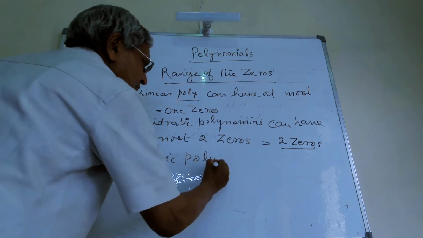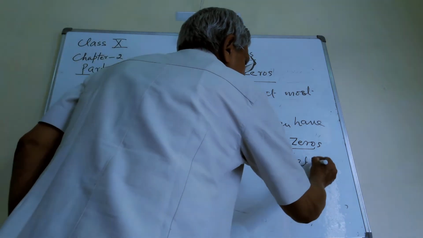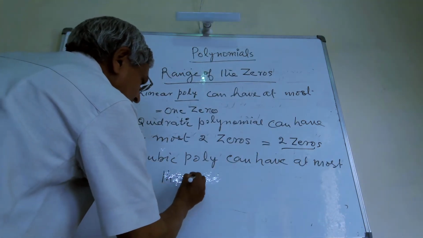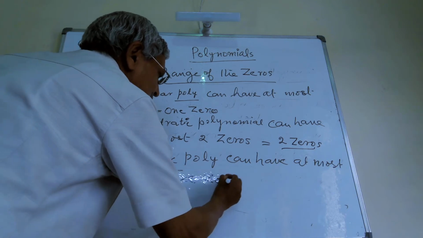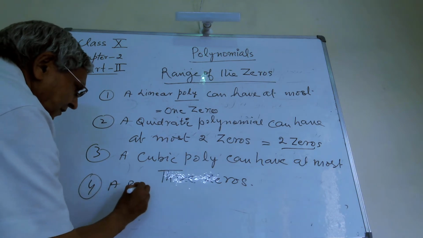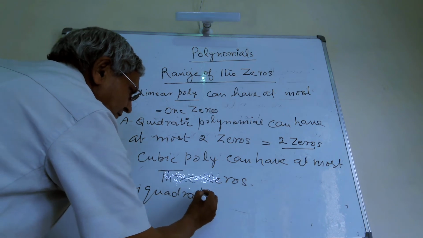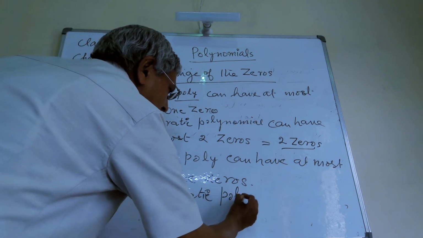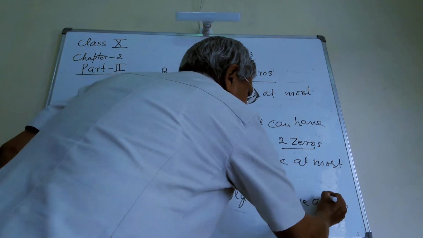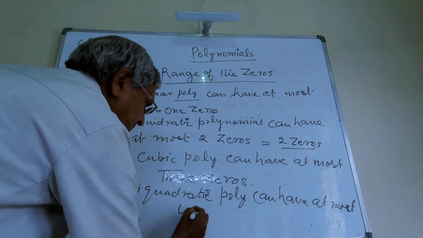A cubic polynomial can have at most three zeros. Fourth, a biquadratic polynomial. A biquadratic polynomial can have at most four zeros.